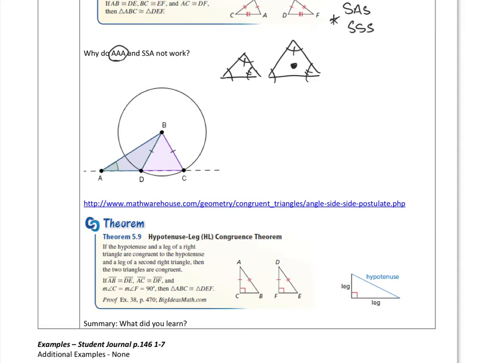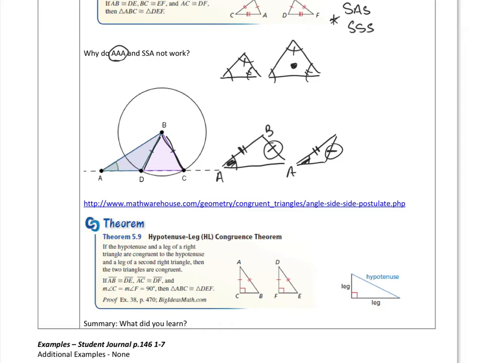So if I separate the two triangles out, you've got one triangle that looks like this, and you've got the other triangle that looks like this, where this angle that's shared on both of them is angle A, right? And then I've got this side here and that side right over there, and then they both have this same side to B. So these are two completely different triangles that can be made with this same side and angle. That's why side angle does not work.